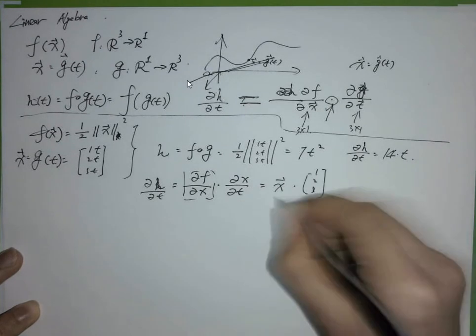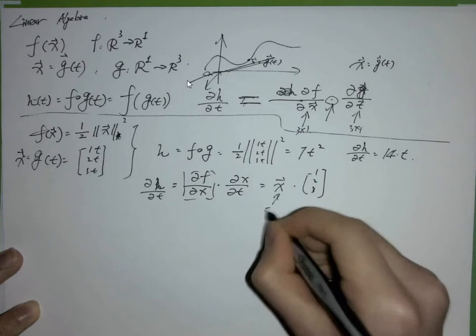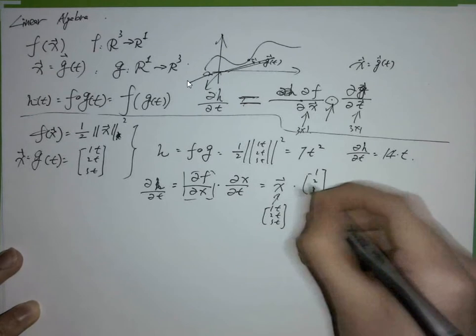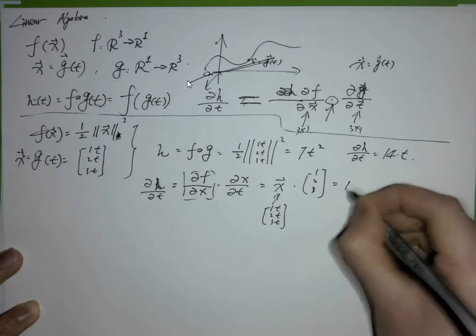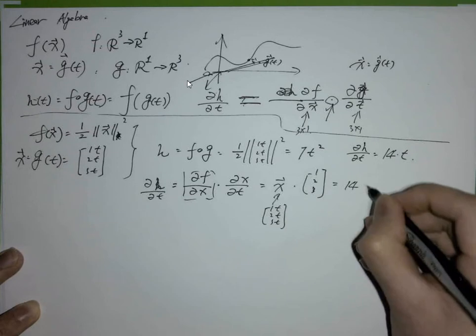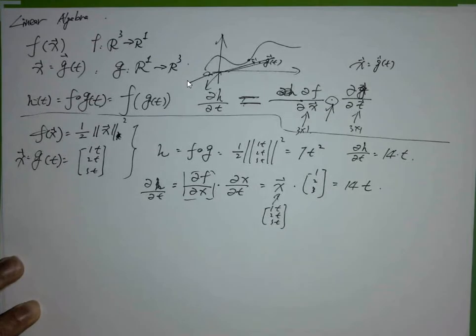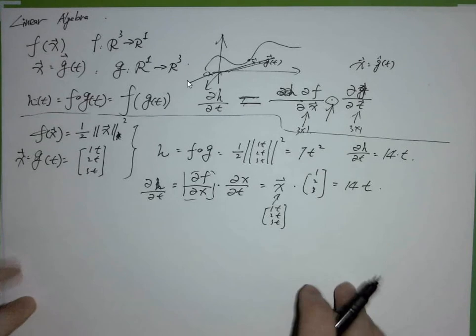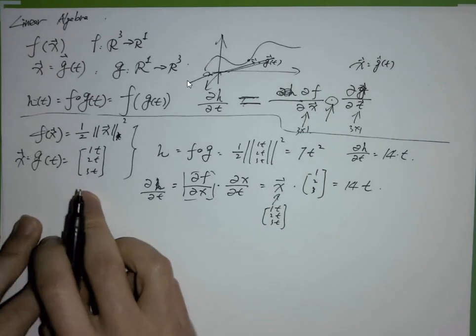And we know that x equals, just substitute it inside, (1t, 2t, 3t). After the dot product, hopefully I'm not doing it wrong, yeah, it's 14t, and they're the same. So this is how you apply the chain rule on this type of function.